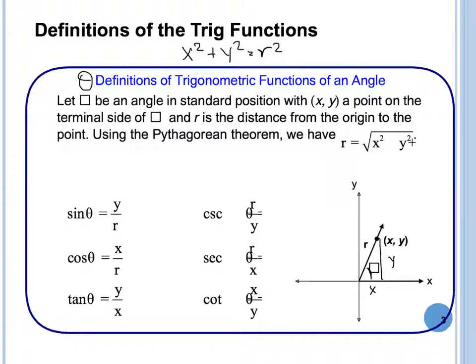And so we can create relationships between the hypotenuse, the side opposite, and the side adjacent using the now 3 labels that we have on our triangle: there's our angle, there's r, there's x, and there's y. We can have the 3 that we looked at just before, sine, cosine, and tangent, and then we can come to cosecant, secant, and cotangent. These are the reciprocal trig functions.